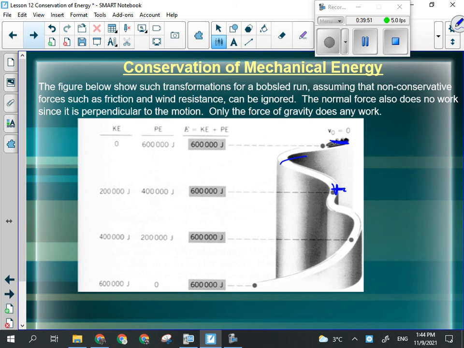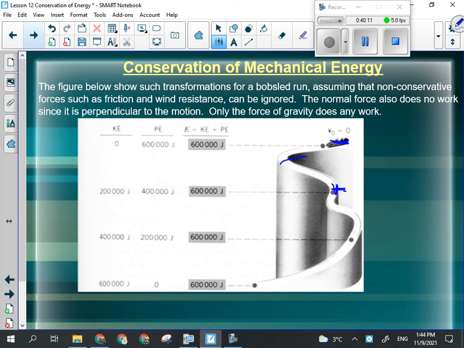So what we have to get basically out of this is that yes, energy is conserved. If there are no non-conservative forces like friction, and we would imagine there aren't, the amount of energy is going to be the same. So our mechanical energy stays at 600,000 joules all the way to the bottom.